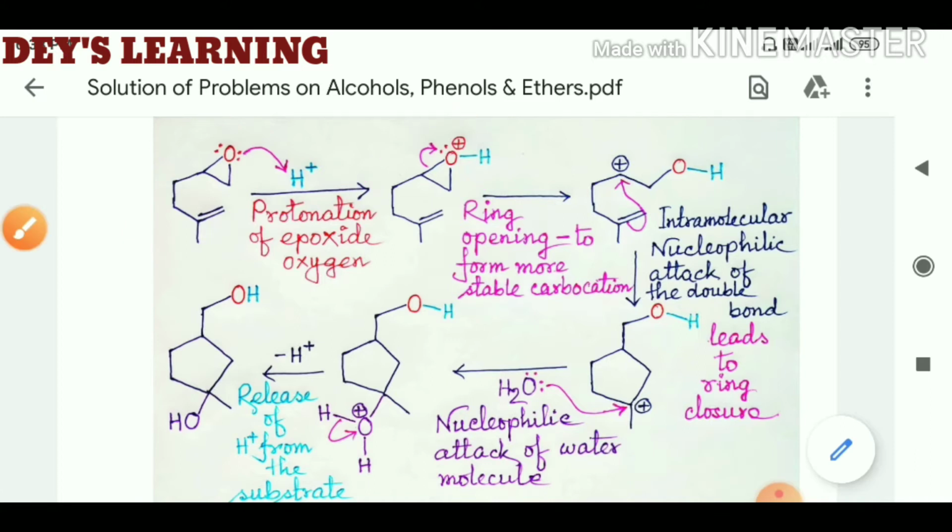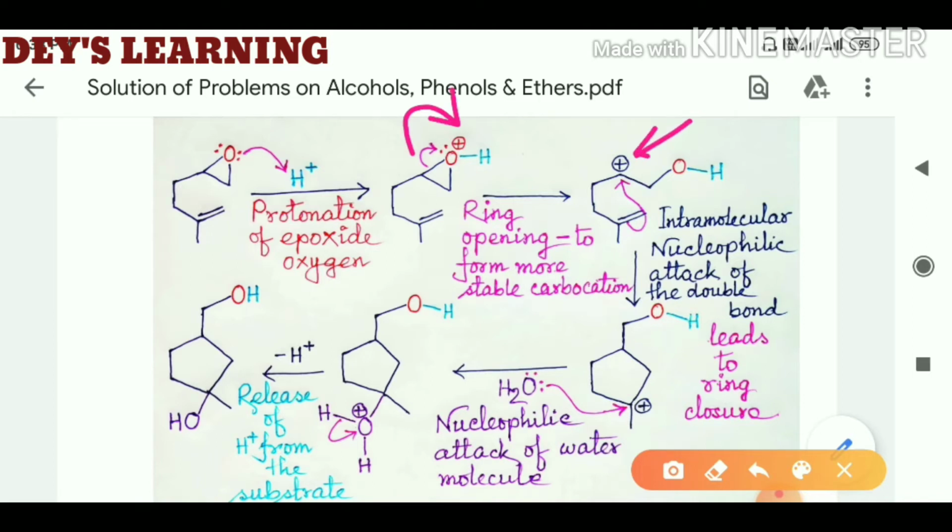And from this intermediate, two things can be possible. The epoxide ring can be opened in two ways. In the first way, if the ring opens from this side, the carbocation will be formed here, and if the ring opens from this side, the carbocation would be formed here.